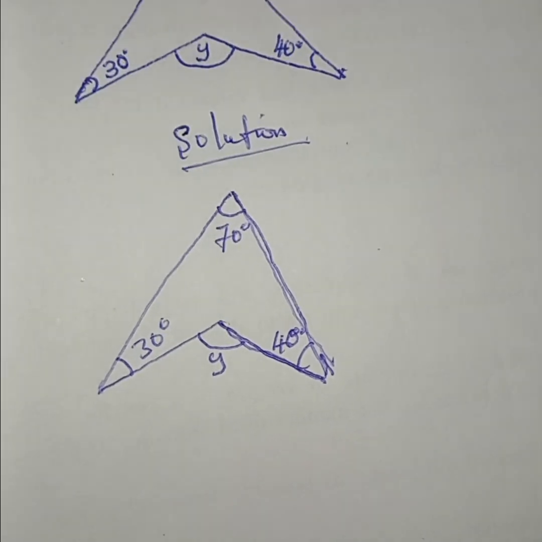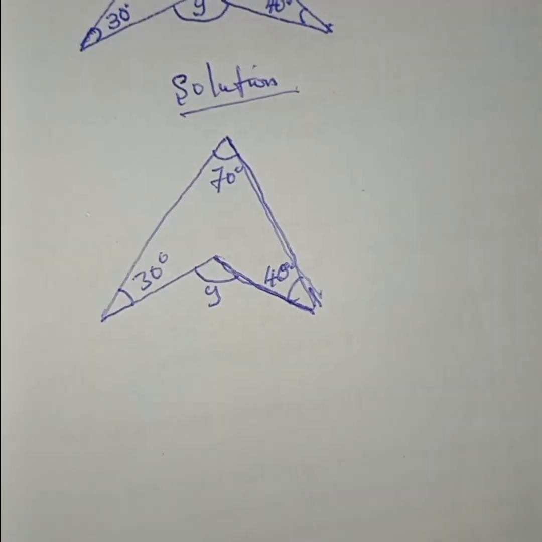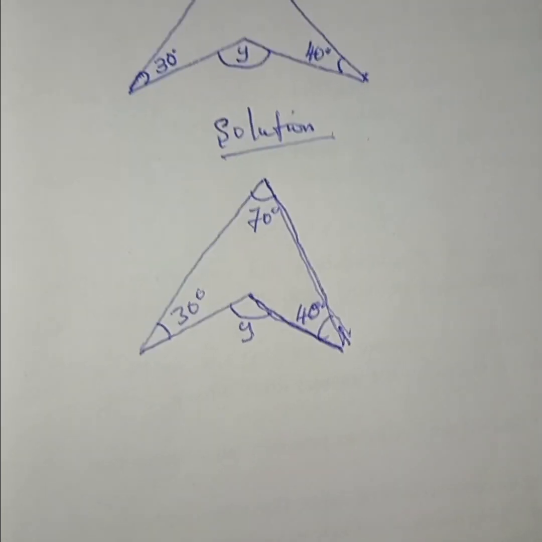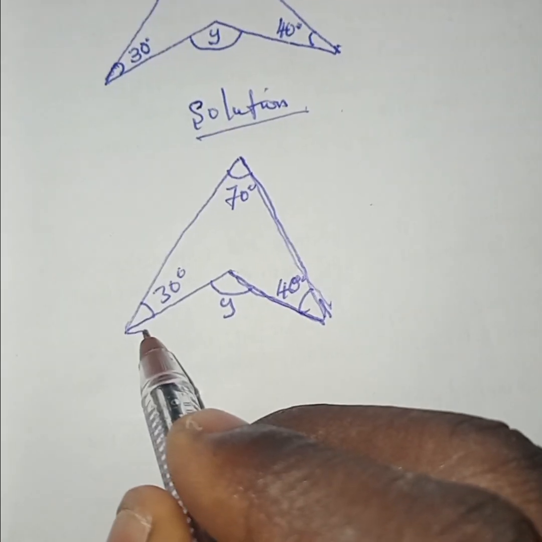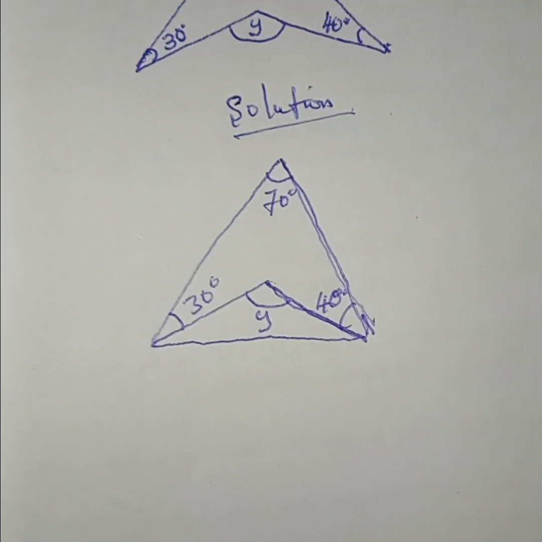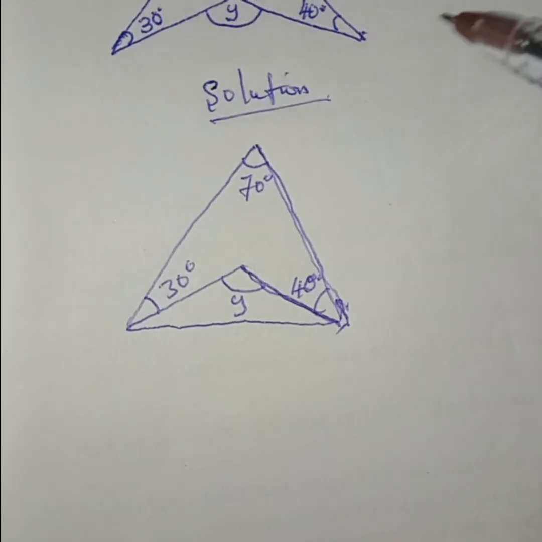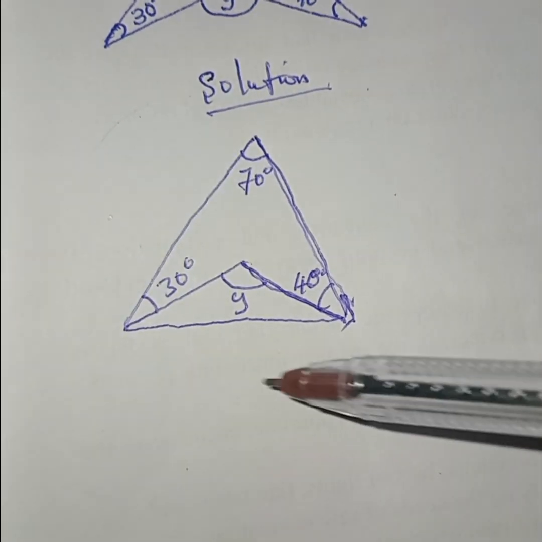Now remember, the angles in a triangle always add up to what? 180 degrees. But before you go there, let's complete the diagram. Now we have completed the diagram. Here we have two triangles.